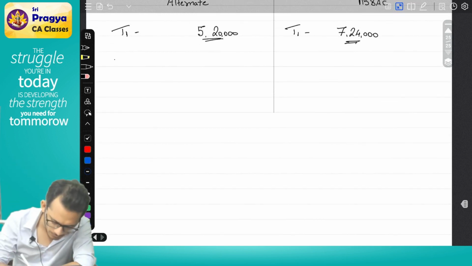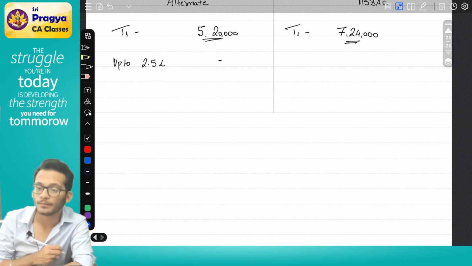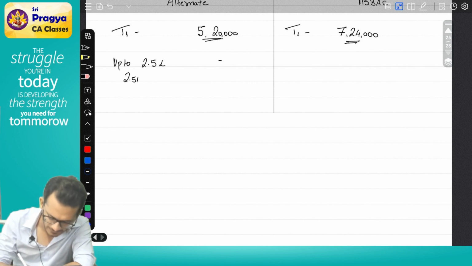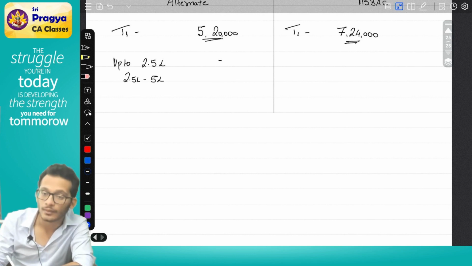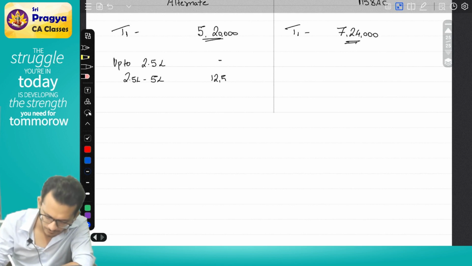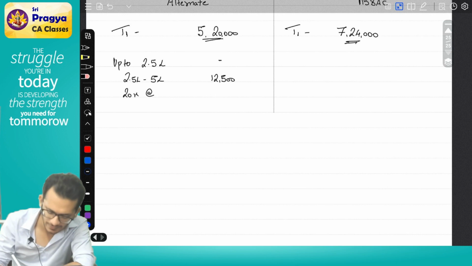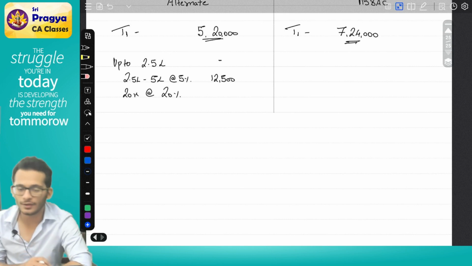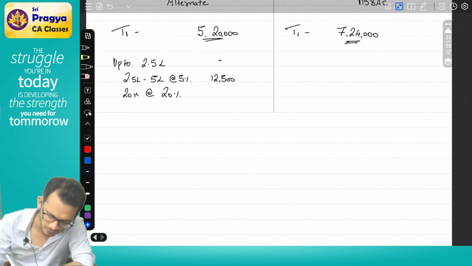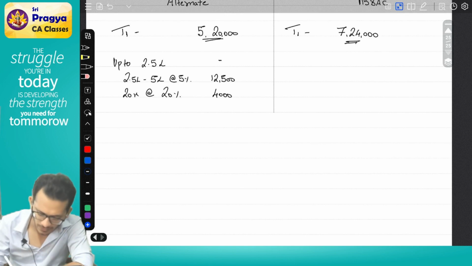Up to 2.5 lakhs, 0. Then 2.5 lakhs to 5 lakhs, 12,500. Then the balance 20,000 at the rate of 20%, because we are in old regime. 20,000 into 20% gives me 4,000. Total becomes 16,500.